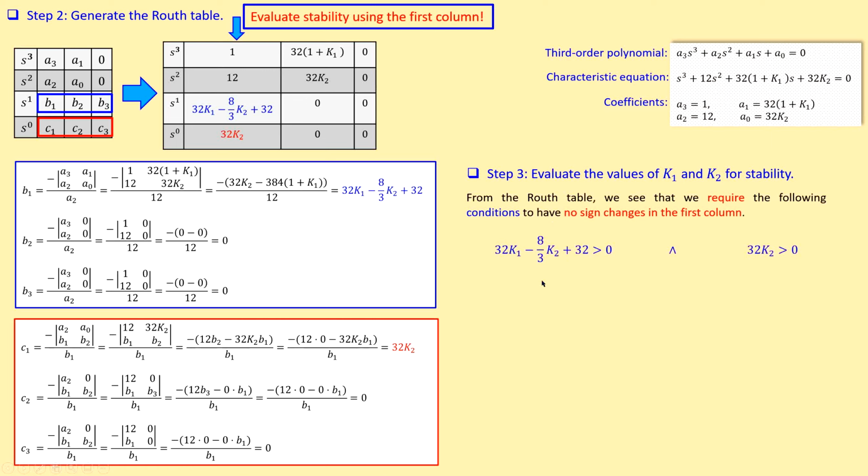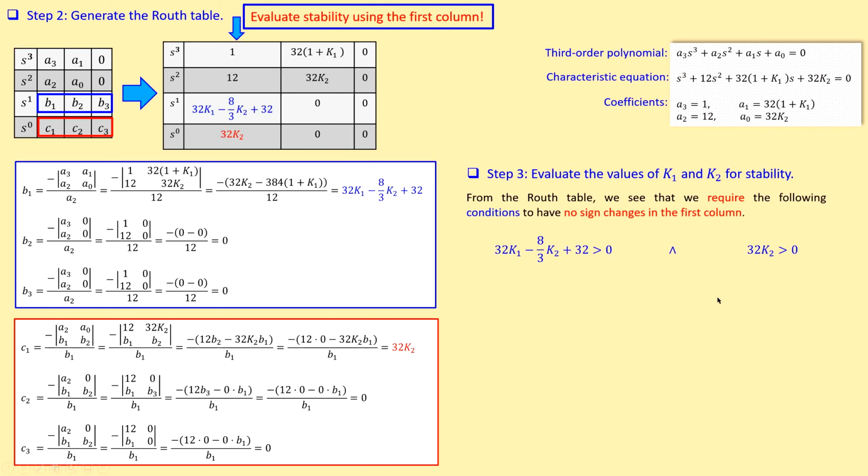Again, if I now write it down, for this part, 32K1 minus 8/3 K2 plus 32 must be larger than 0. And not only that one, 32K2 must also be larger than 0. We need both of them.